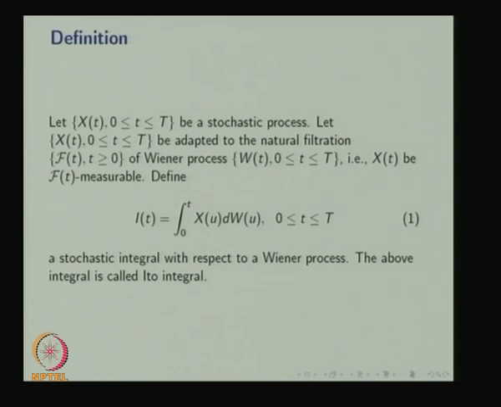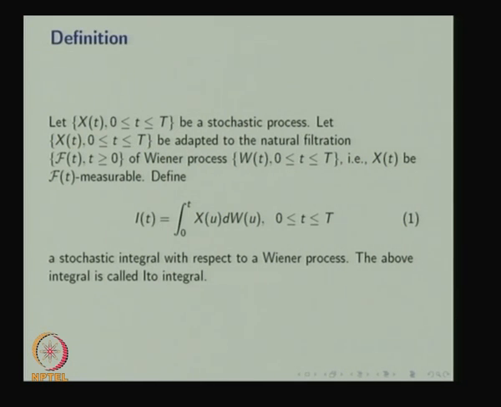Define I(t), which is nothing but the integration from 0 to t of X(u) dW(u), where t lies between 0 and capital T, where T is a positive constant. I(t) is a stochastic integral with respect to a Wiener process. The above integral is called the Ito integral.